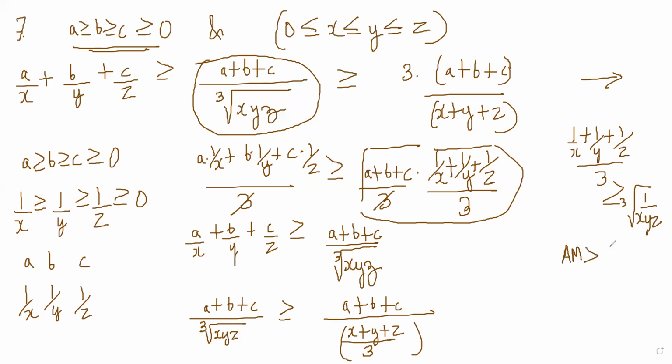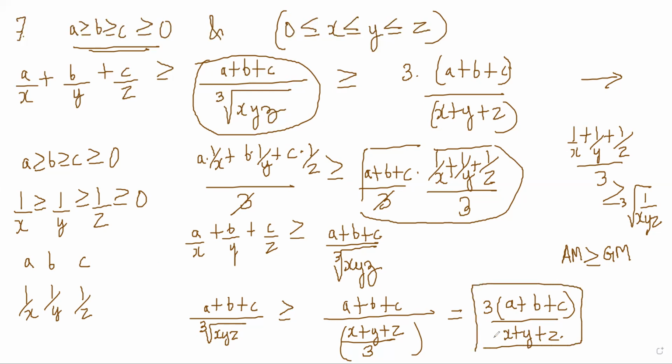AM is always greater than equal to GM, right? So here I am doing something divided by the GM of x, y, z. So that should be greater than something divided by the AM of x, y, z. So this becomes 3 times A plus B plus C by x plus y plus z, right? So we get the inequality that we set out to prove.